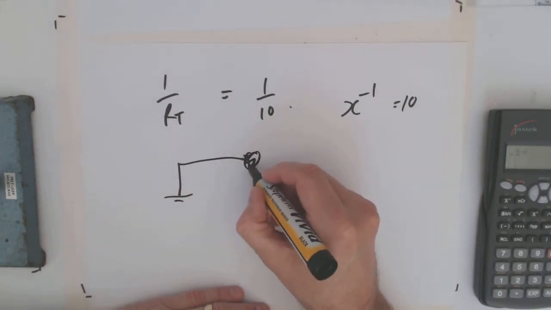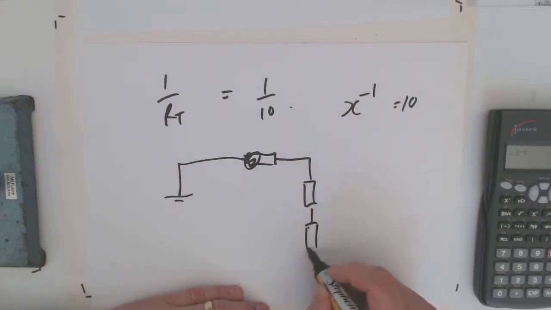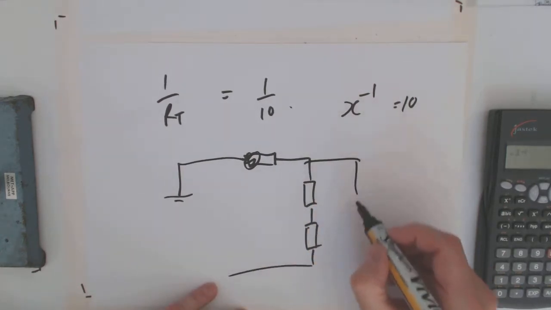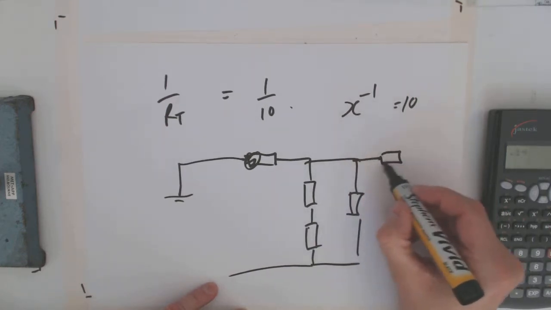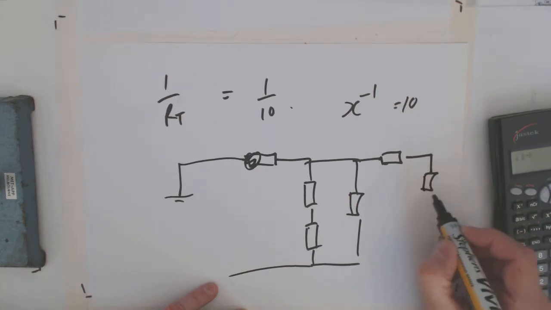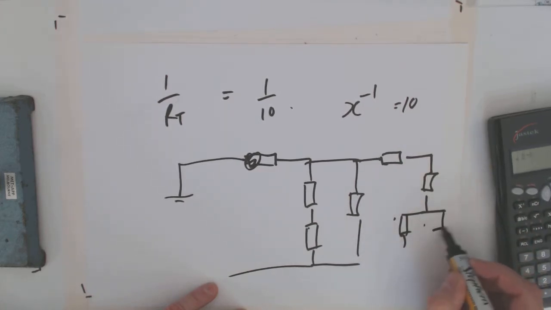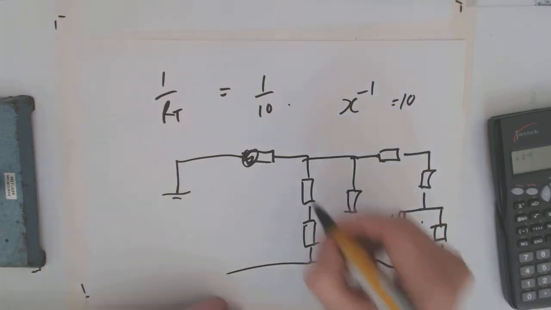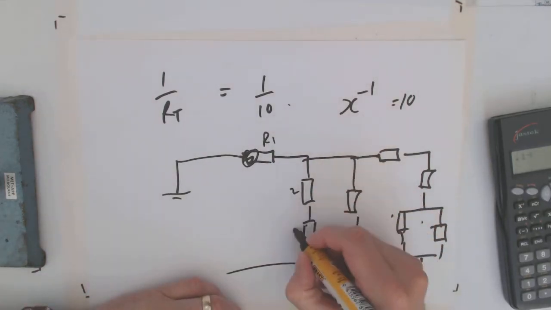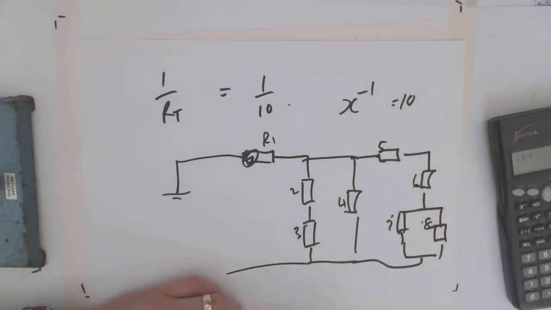You've got a resistor, then a couple of resistors here, maybe one here, maybe one like that, one like that, and one like that. So it all gets a bit tricky, right? We've got 1, 2, 3, 4, 5, 6, 7, 8 resistors in there.